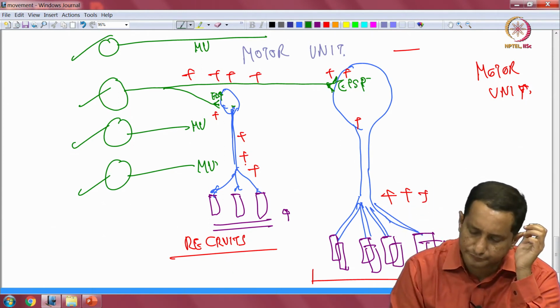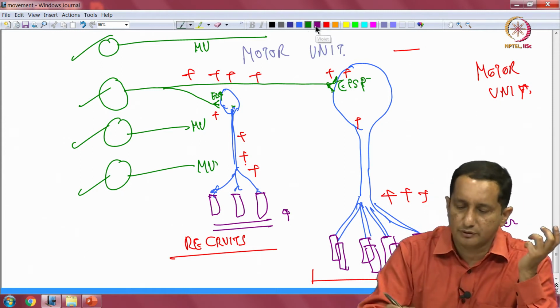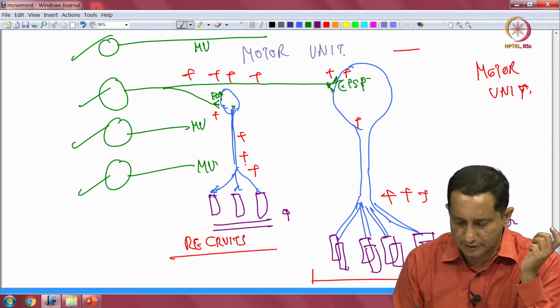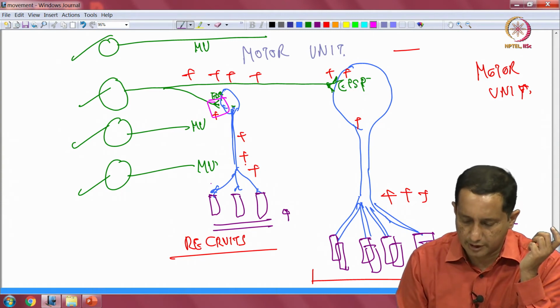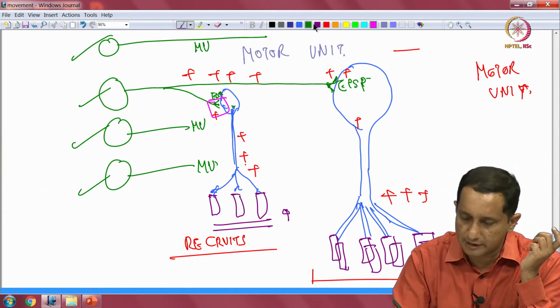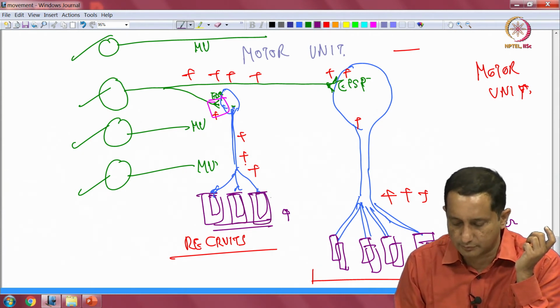Now, training: you train to a particular task. There are synaptic changes which happen over here, synaptic changes which can happen over here, and you can have muscle bulk which increases if you have done some specific exercise.